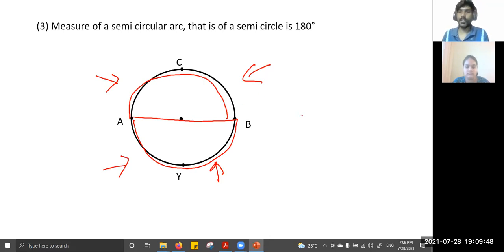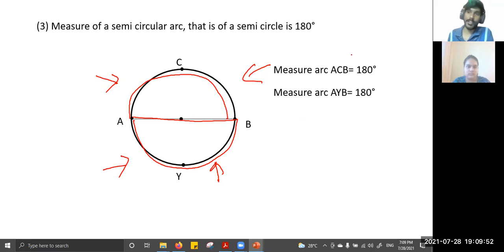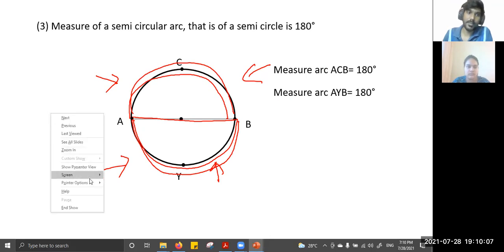And one thing you have to keep in mind is the semicircular arc. So here ACB is a semicircular arc because it is a semicircle. Similarly, AYB is a semicircular arc. Again, same reason, because it is a semicircle.